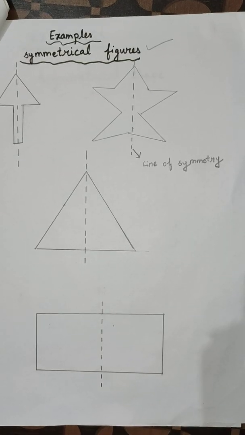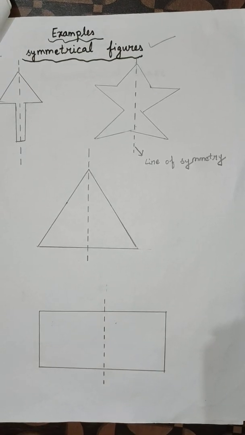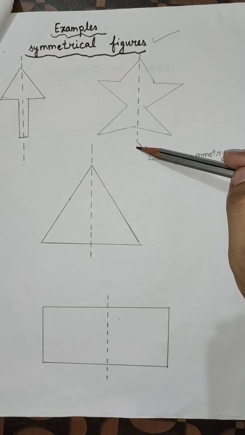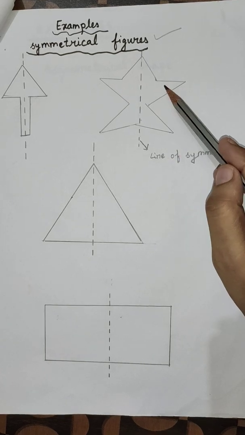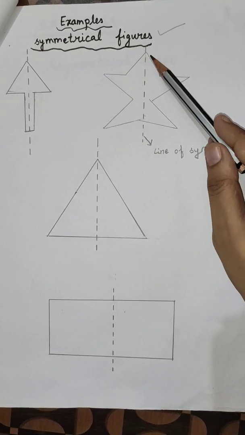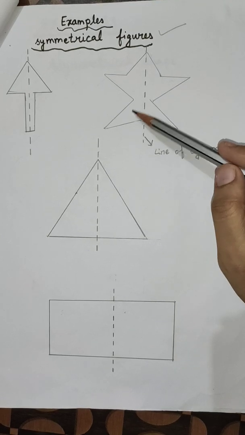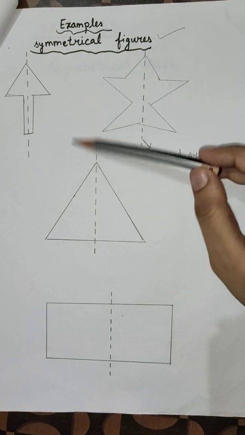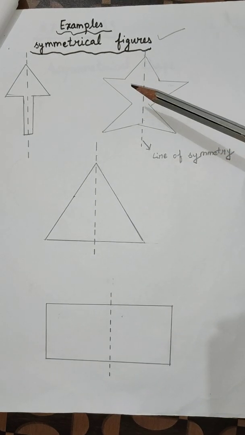Now symmetrical and asymmetrical figures. As I have told you earlier, if we draw the line of symmetry in any figure and fold that figure, and we see that the figure is divided into 2 parts that are the same, then this is called a symmetrical figure. Now these are also examples of symmetrical figures.